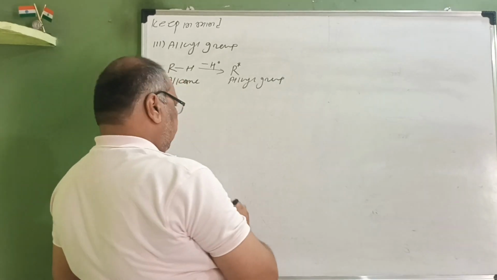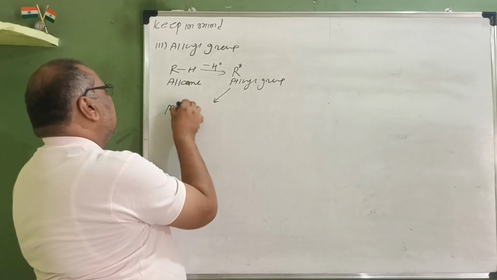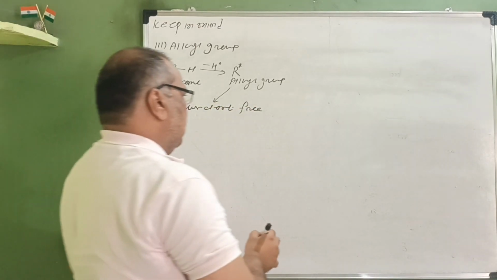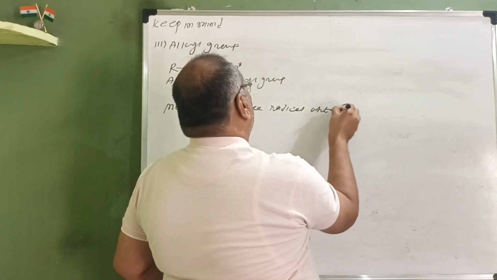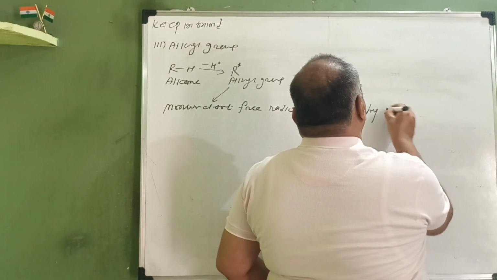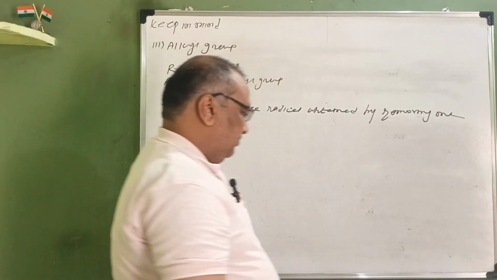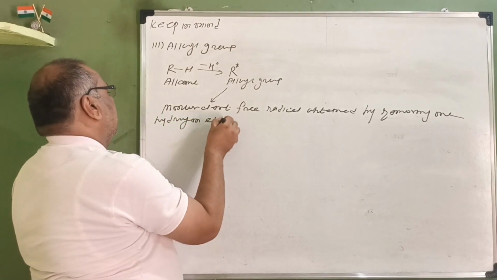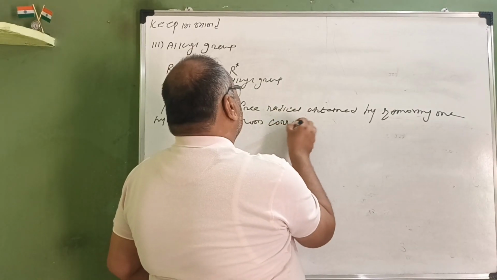That means alkyl group is nothing but the monovalent free radical obtained by removing one hydrogen atom from corresponding alkane.